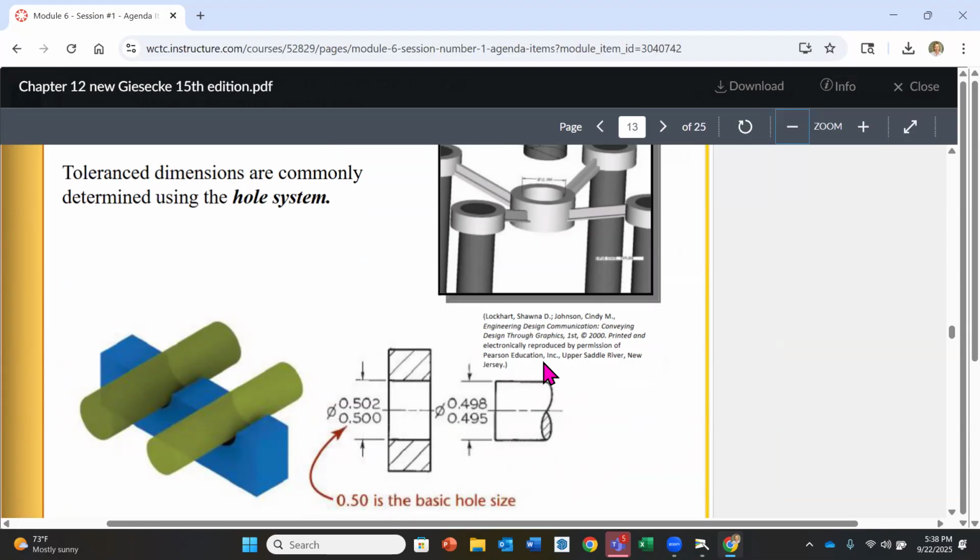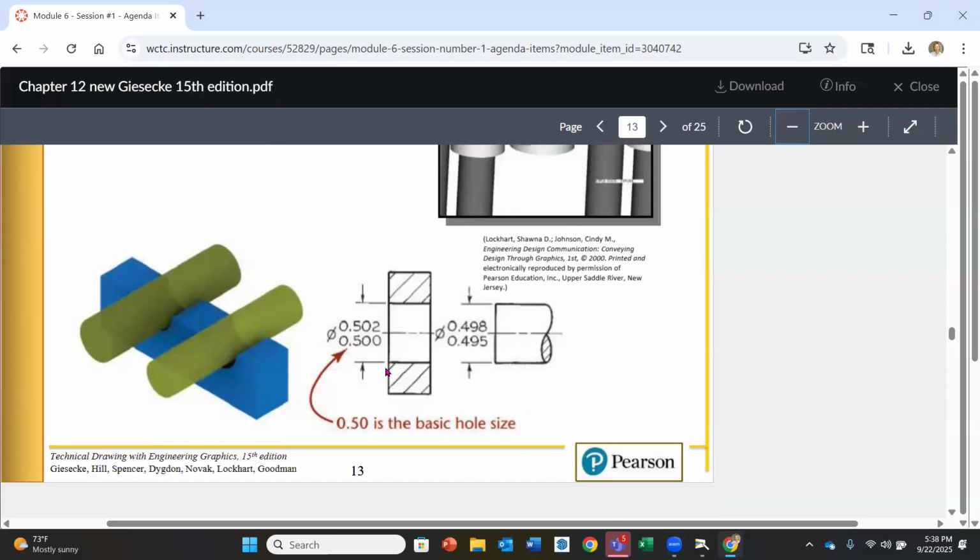So they're easy to achieve when we want to remove that material. And then we do an allowance on whatever the pin or the shaft is that's going to fit into that hole. Here, where we have our tolerance applied, we have a diameter of 1/2 inch, and then we have 0.502 as its largest value, but you see the 1/2 inch at the bottom of the hole size here.